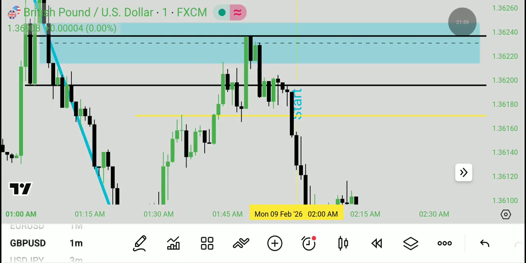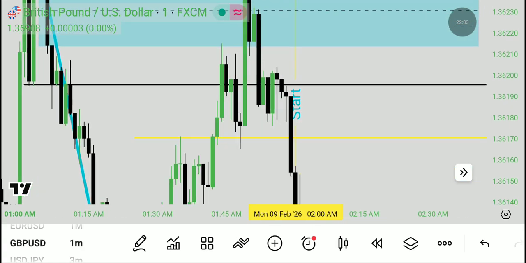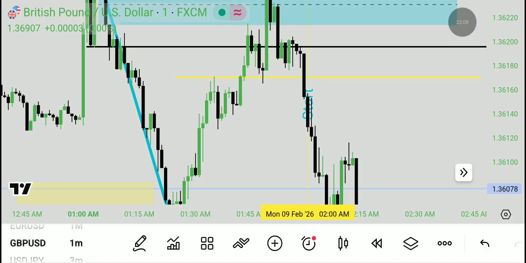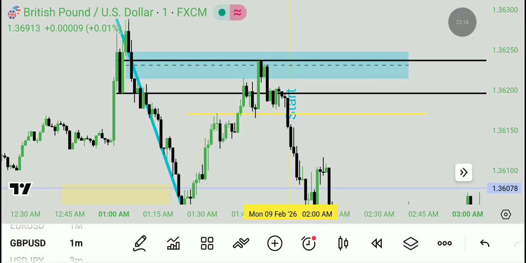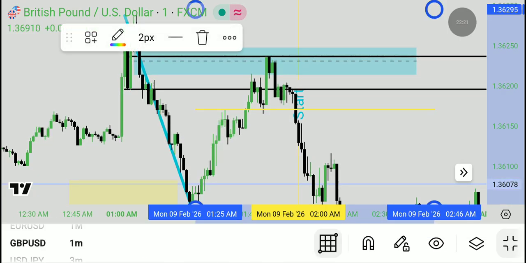You can see how perfectly it moved to the discount. Then after going to the discount, which is what manipulation, which is what the 50% of it. What is below 50%? You know this color.